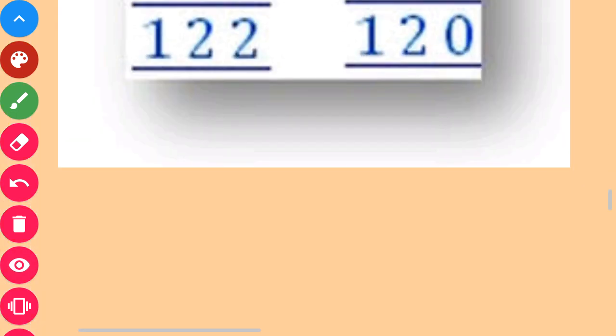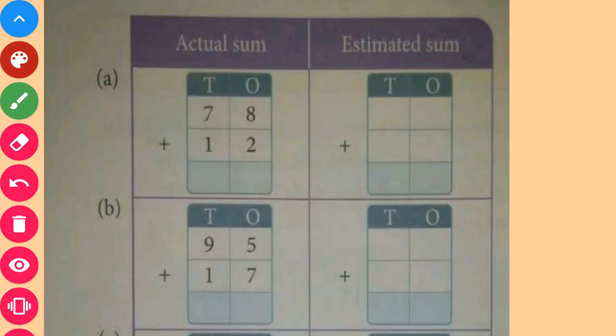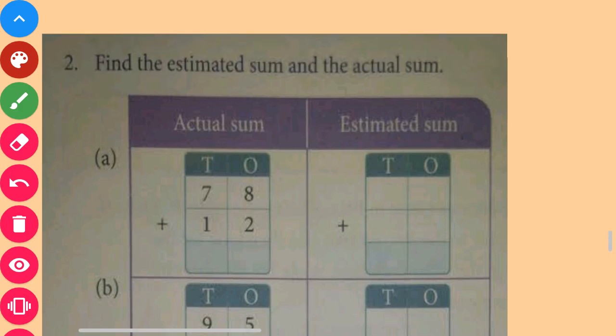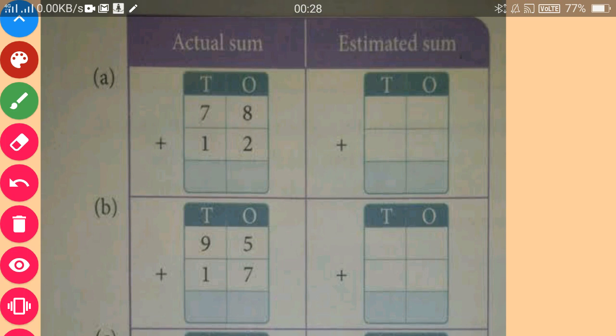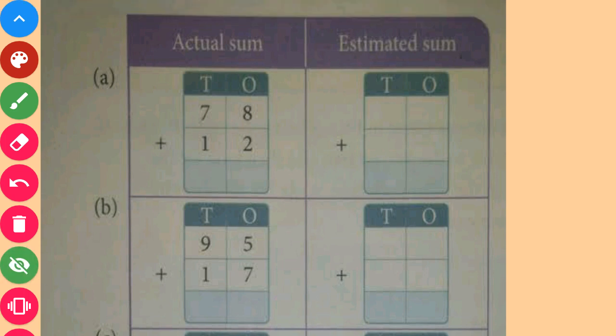Now let us see some more examples. Find the estimated sum and the actual sum. 78 plus 12. So 78, rounding off 78 we will get, what will we get? Now you all solve this question. Which number will we see? We will see the number at ones place because we are rounding off to the nearest tens.